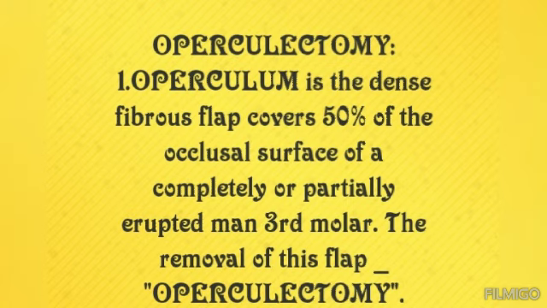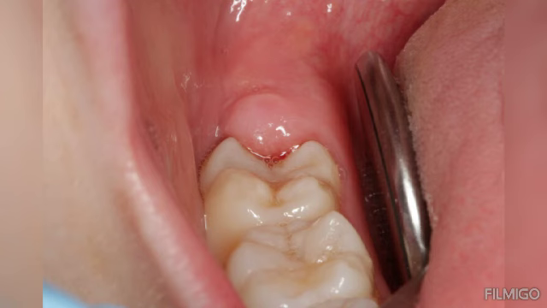This picture shows a dense fibrous flap covering the erupted molar. That flap is called the operculum.